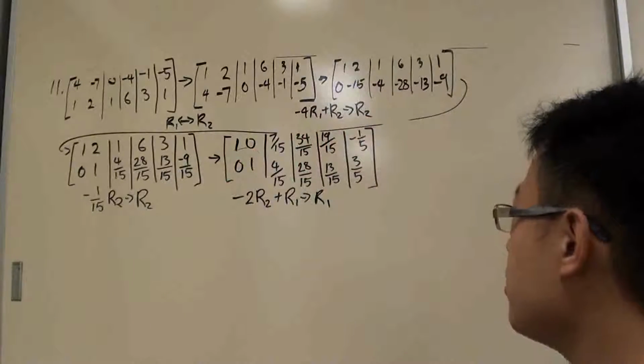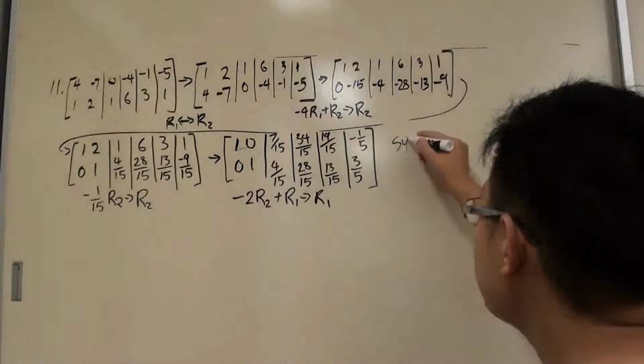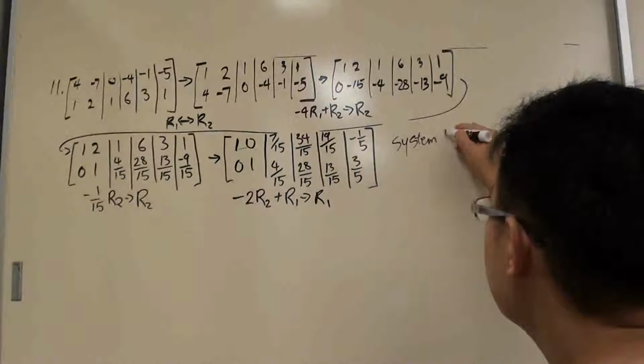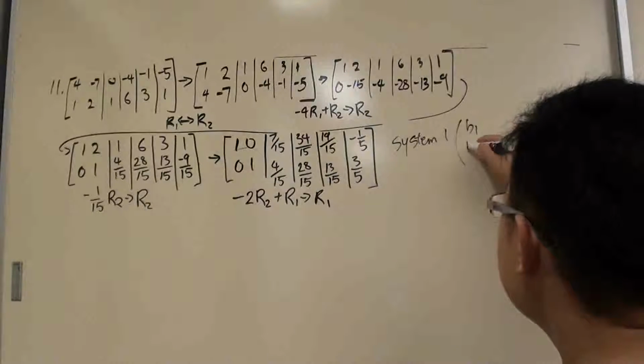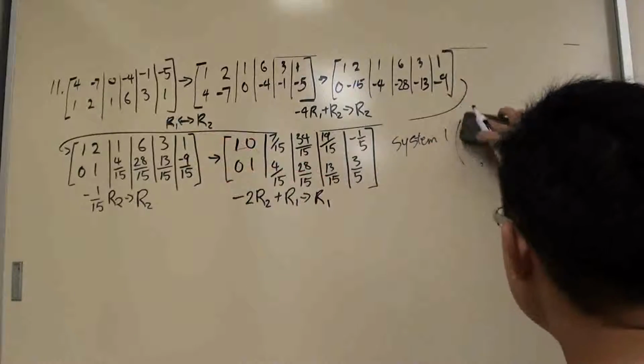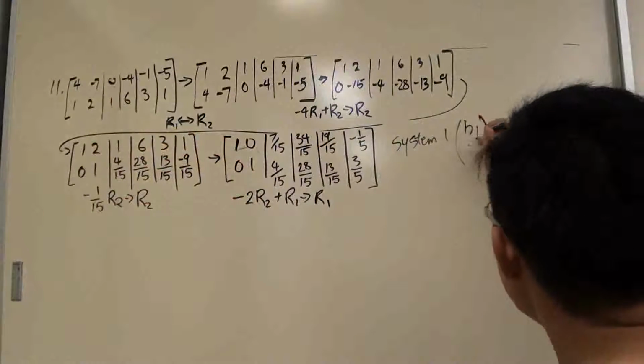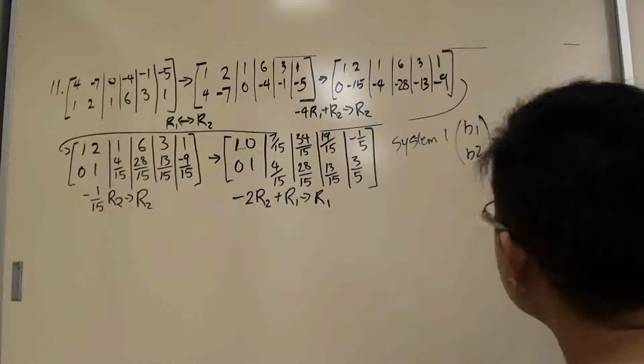So here, this is a little annoying. For example, you could say system 1, whereas B1, B2, B3 equals, what was it? Oh, no, there's no B3 for this one, because there's only B1, B2. So you're going to put B1, B2 equals 0 and 1.